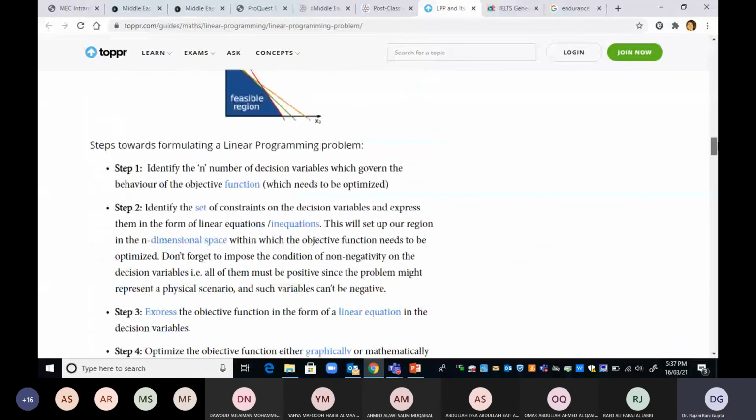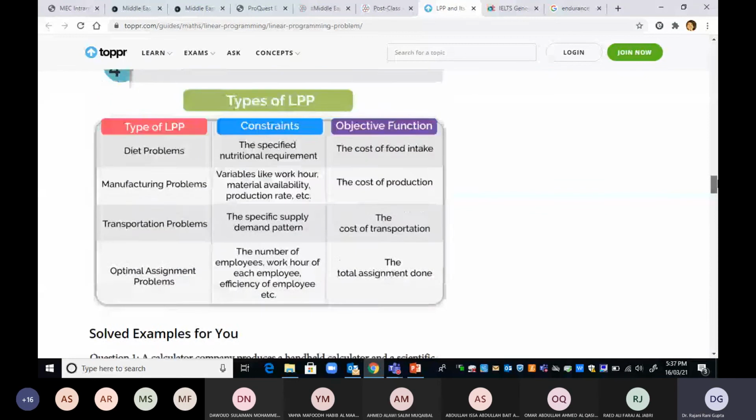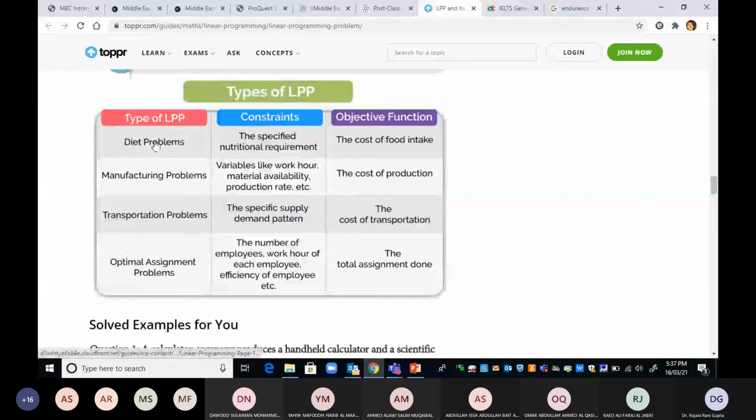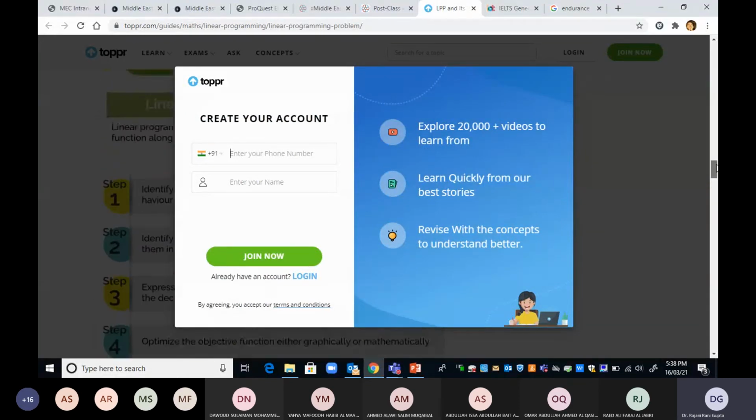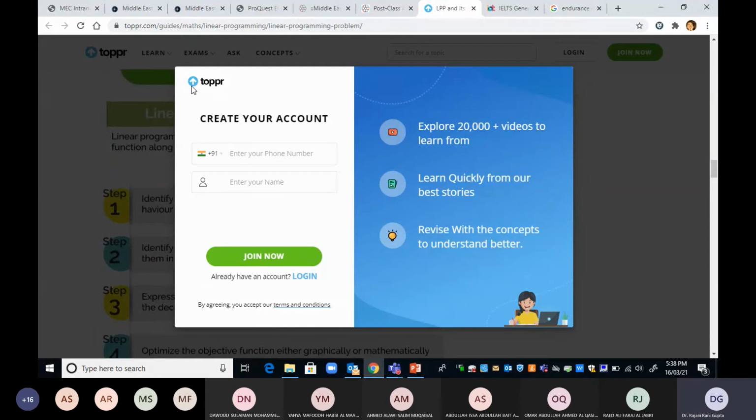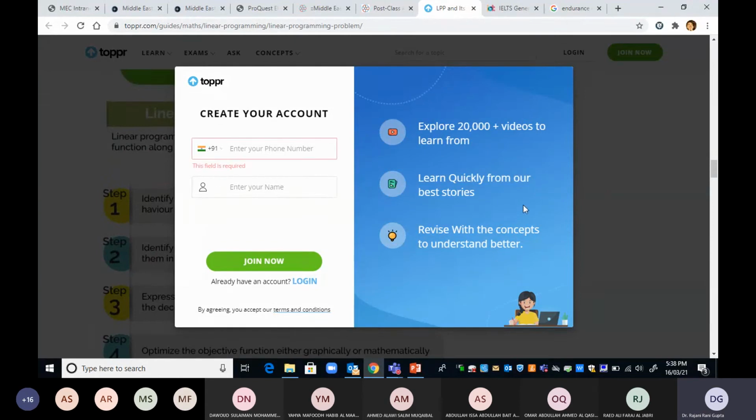Sorry, this is different. What's wrong with it? Earlier it was free. You don't need to log in. I don't know what happened to this one. It is free, it is not a paid one.